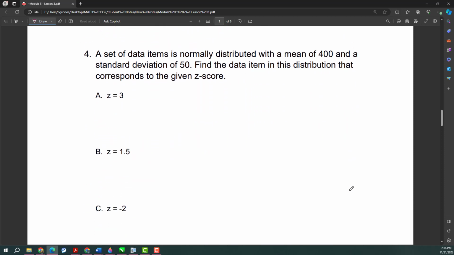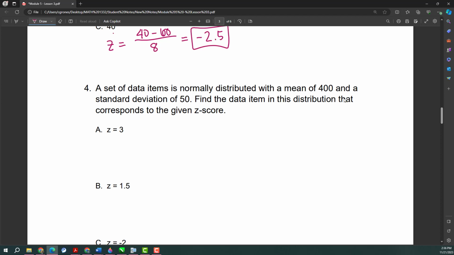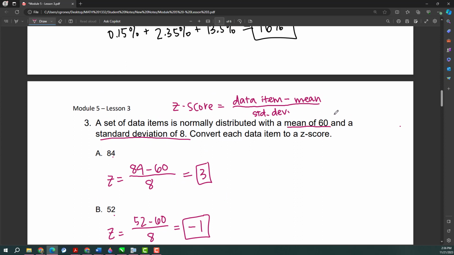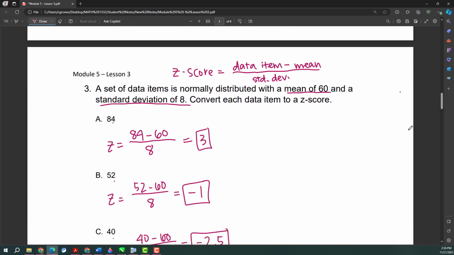On number 4, we're going to be working backwards. So they give us the z-score and then we have to convert to a data item. So it's given what the z-score formula is. If we were to manipulate this and get the data item by itself, we can change our formula.